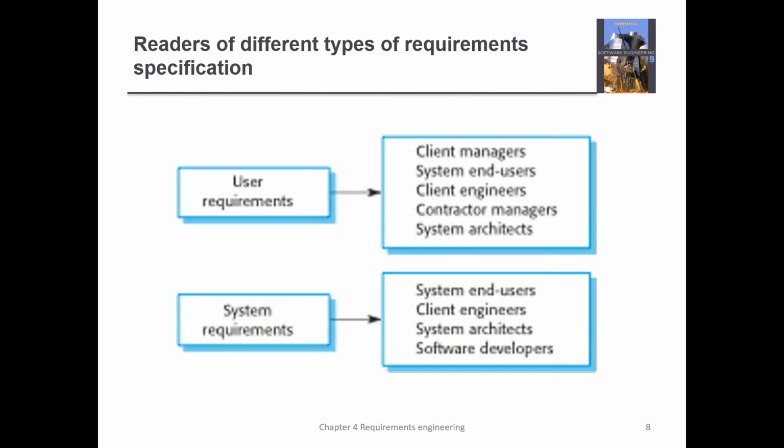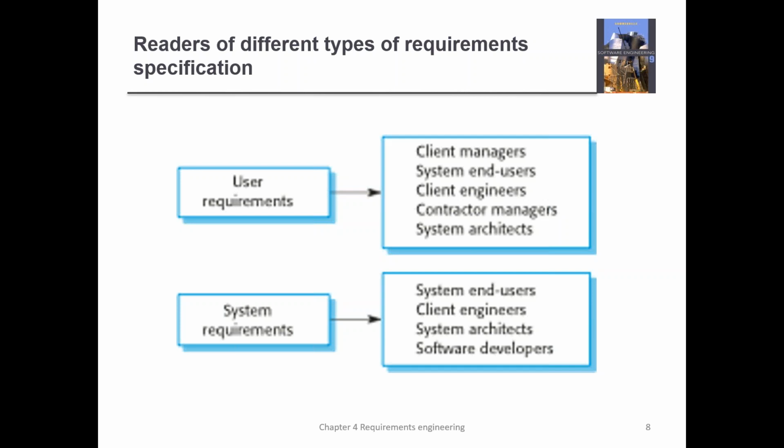Readers of different types of requirement specifications. So you have your user requirements and your system requirements. Who reads what? The user requirements are read by the client managers, end users, client engineers, contractor managers, and systems architects. So that's basically everybody. Anybody can read it.